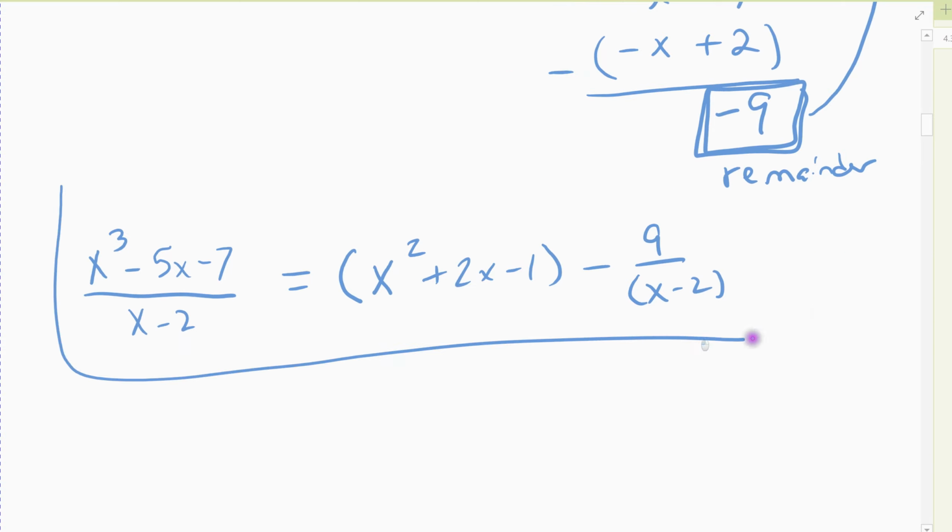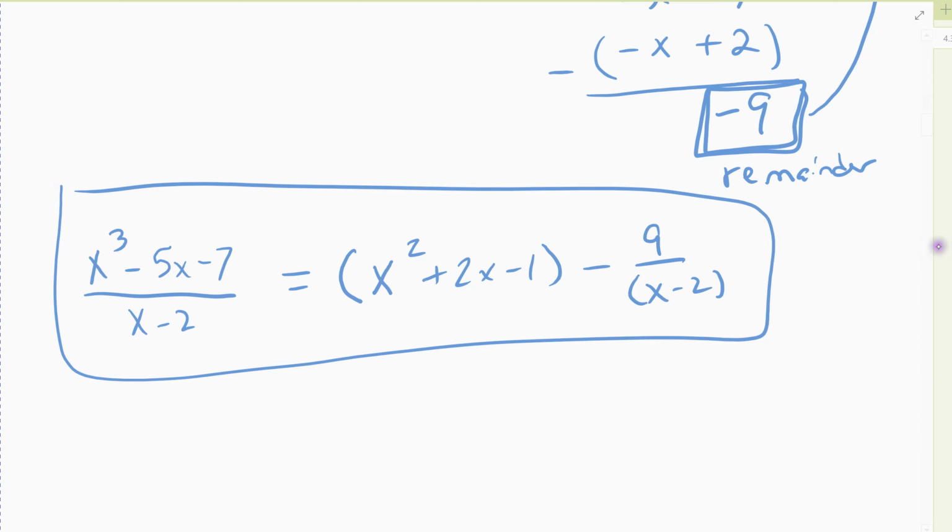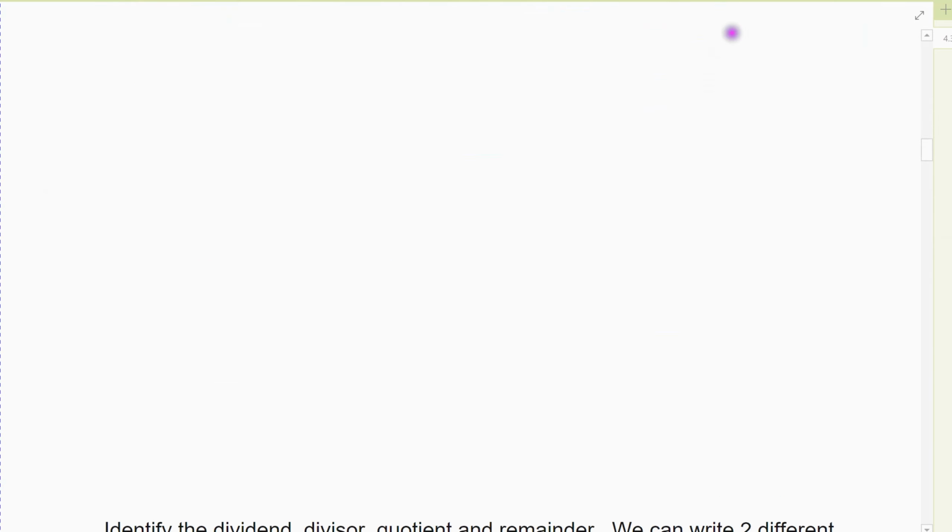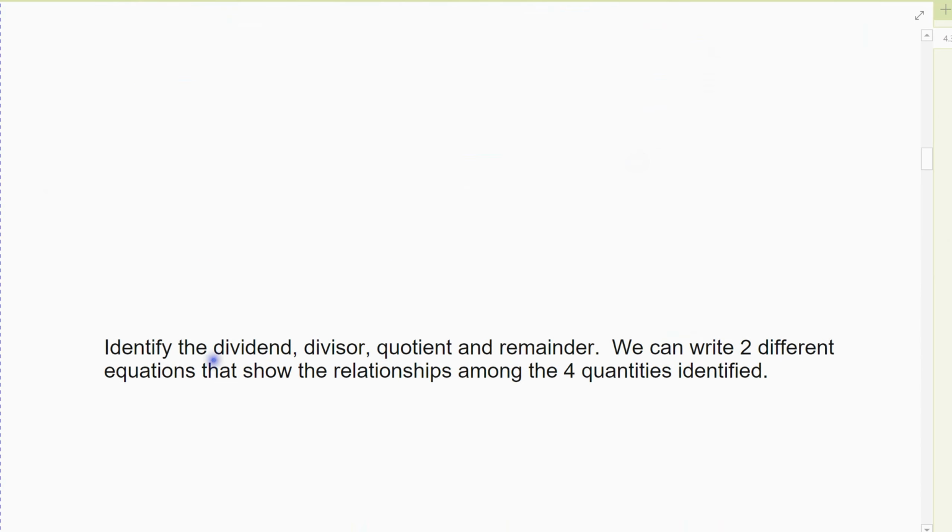And so what this expression is, this is the relationship that we get. And so this relationship is the dividend, divisor, quotient, remainder relationship. And so when we write it out, it's the dividend, that's the number I'm dividing into, or the expression I'm dividing in, divided by the divisor equals the quotient.